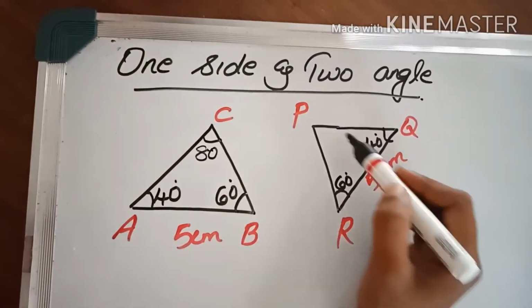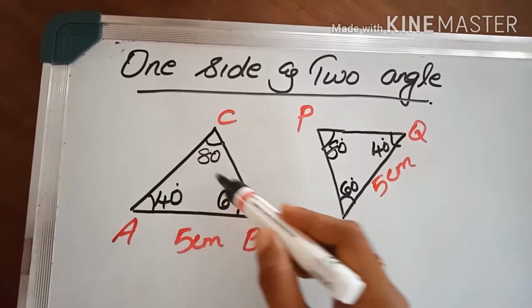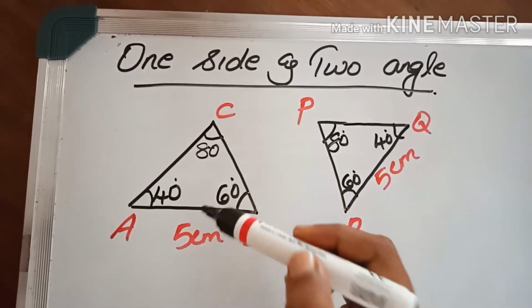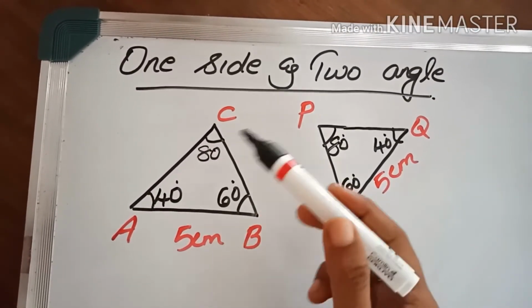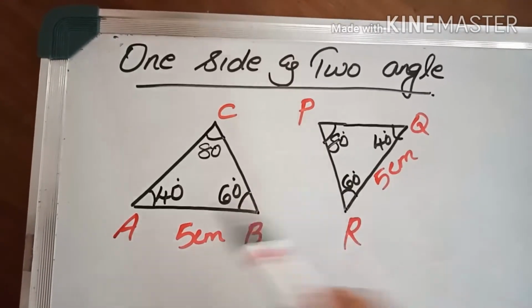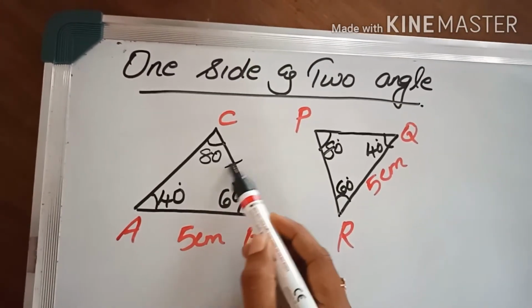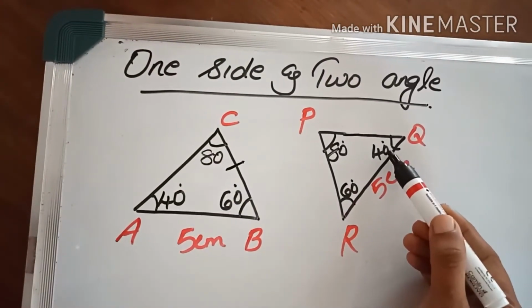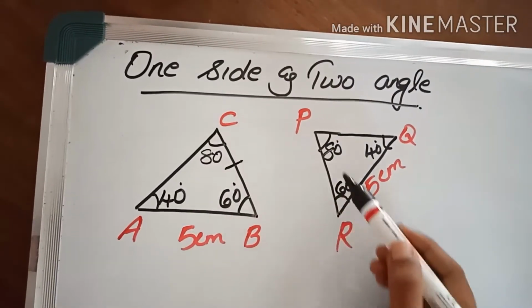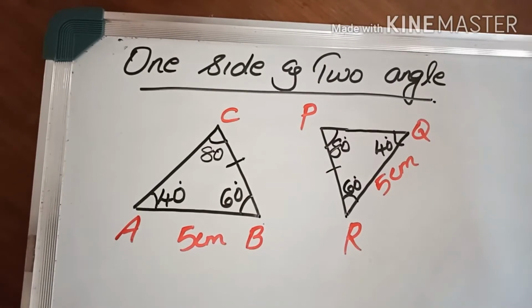The same 80 degree we will get here also. Now if three angles are the same, sides opposite to equal angles will be equal. Here 40 degree's opposite side is CB, the first side. Here 40 degree's opposite side is PR. That means CB's length and PR's length will be equal.